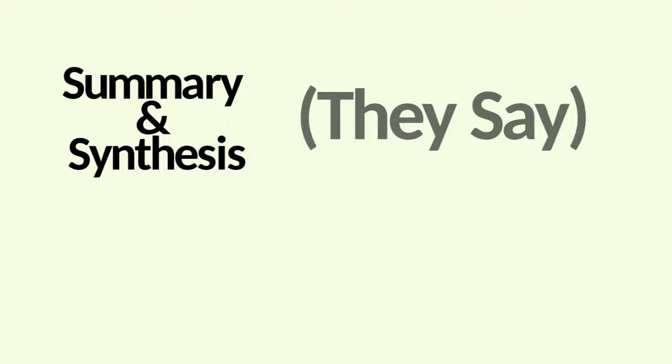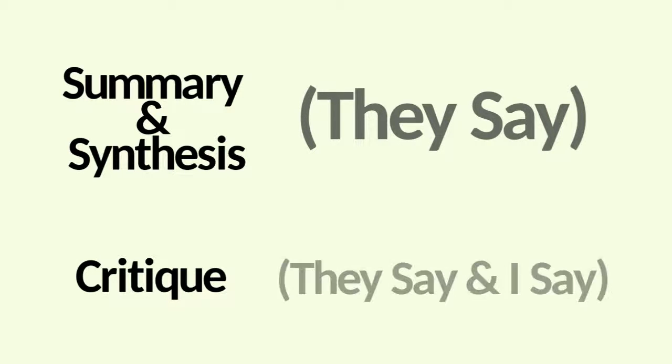If our first and second essays mostly dealt with what we call the "they say" aspect of writing, in this third essay assignment we will deal not only with what they say but also what we know as "I say." Here you will not leave the skills that you have learned so far.